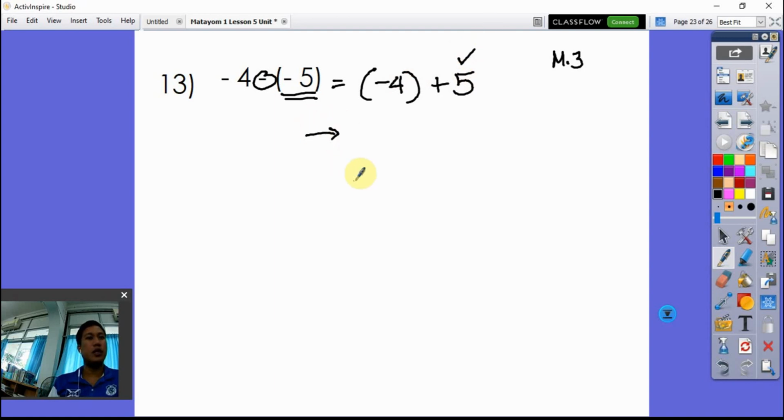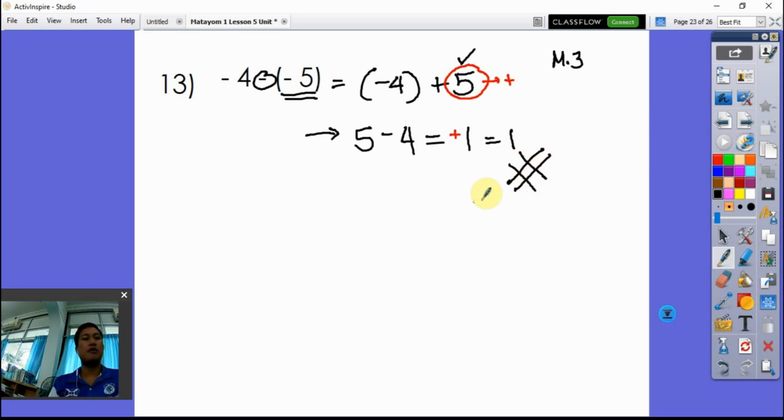So instead of using equal sign, we will use arrow. 5 minus 4 is equal to 1. Now what is the sign of the larger number? The larger number is a positive number. So we will write this plus in front of the number. But since we know that +1 is the same as 1, we will write 1 as our final answer.